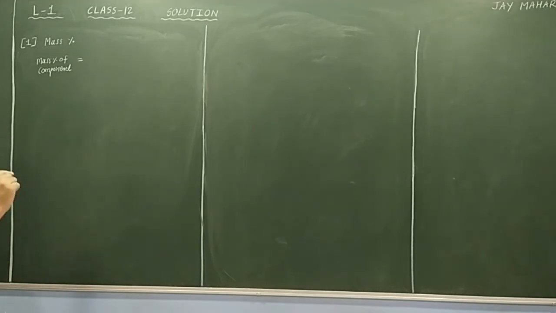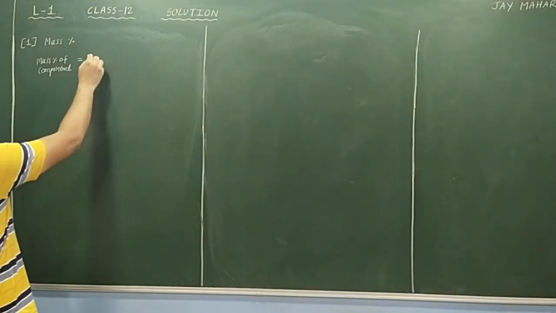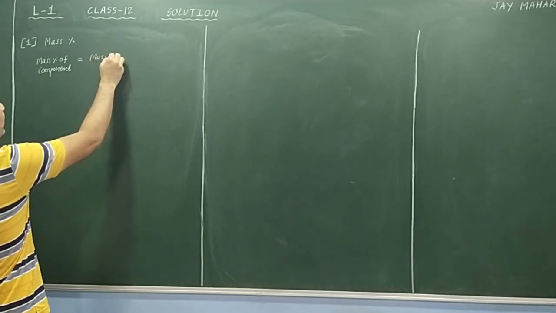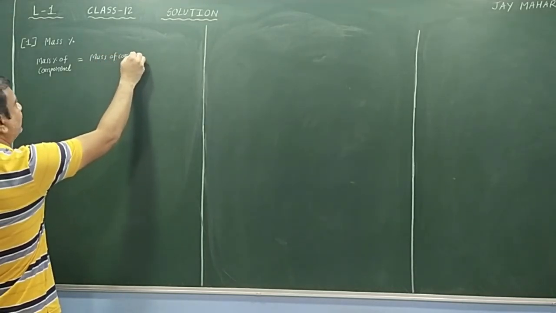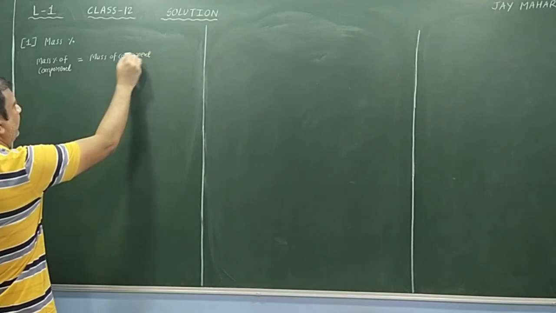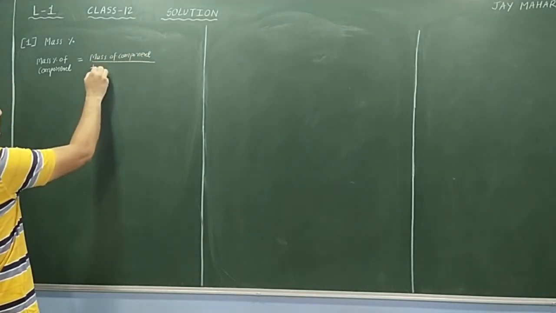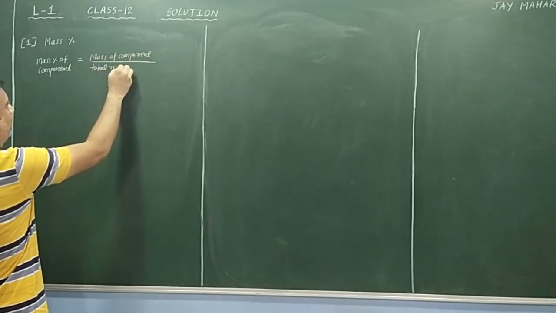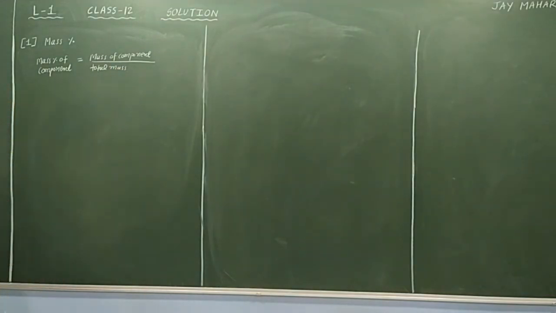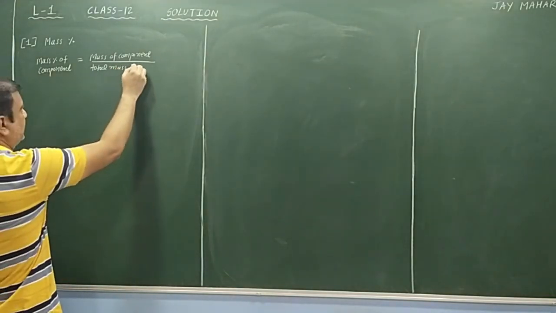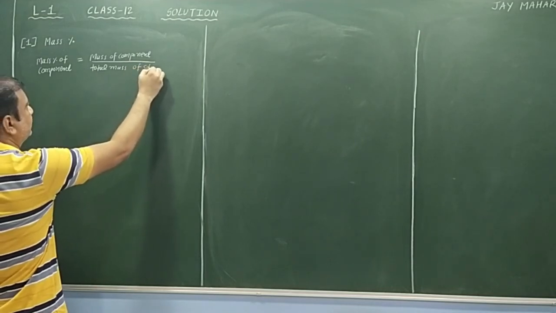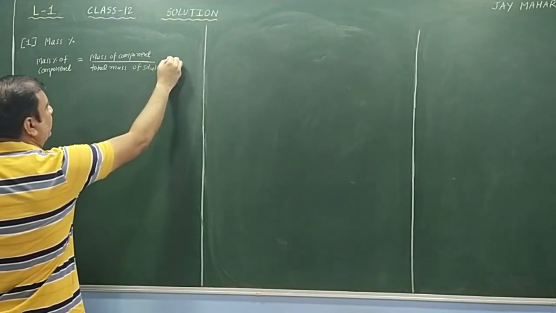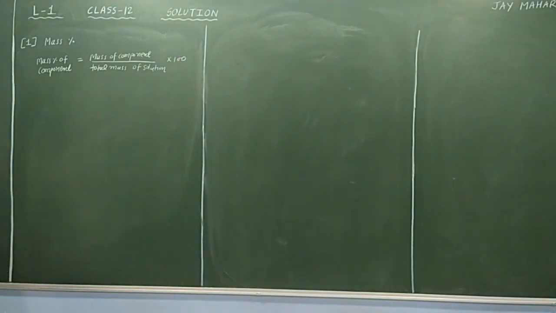So mass percentage of a component means the mass of the component divided by the total mass of all the components present in the solution, that means the total mass of the solution, multiplied by 100. Then we can easily calculate the mass percentage of a component, whether it is solute or solvent.